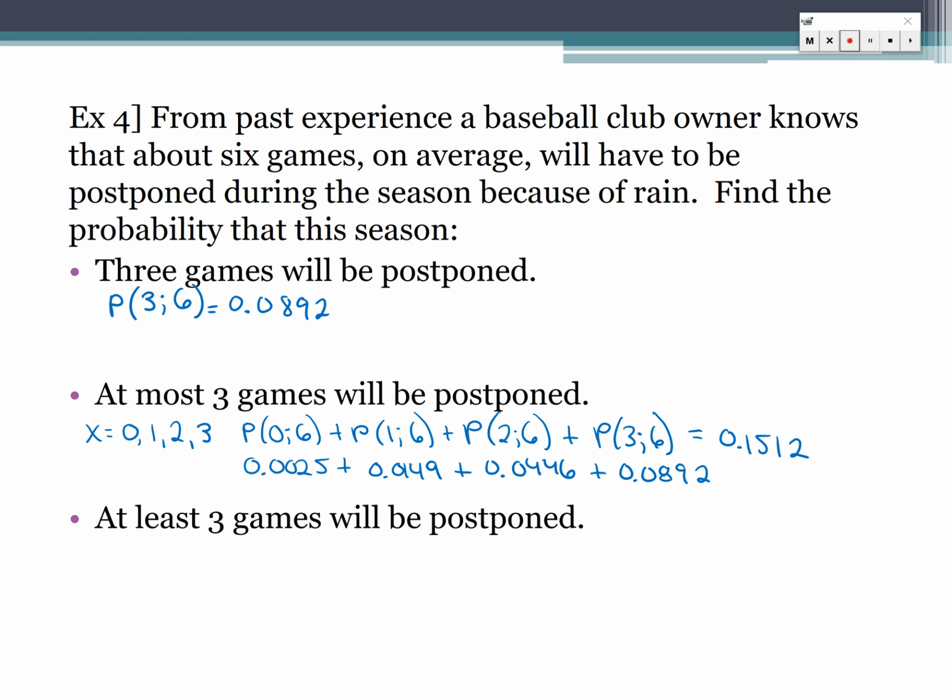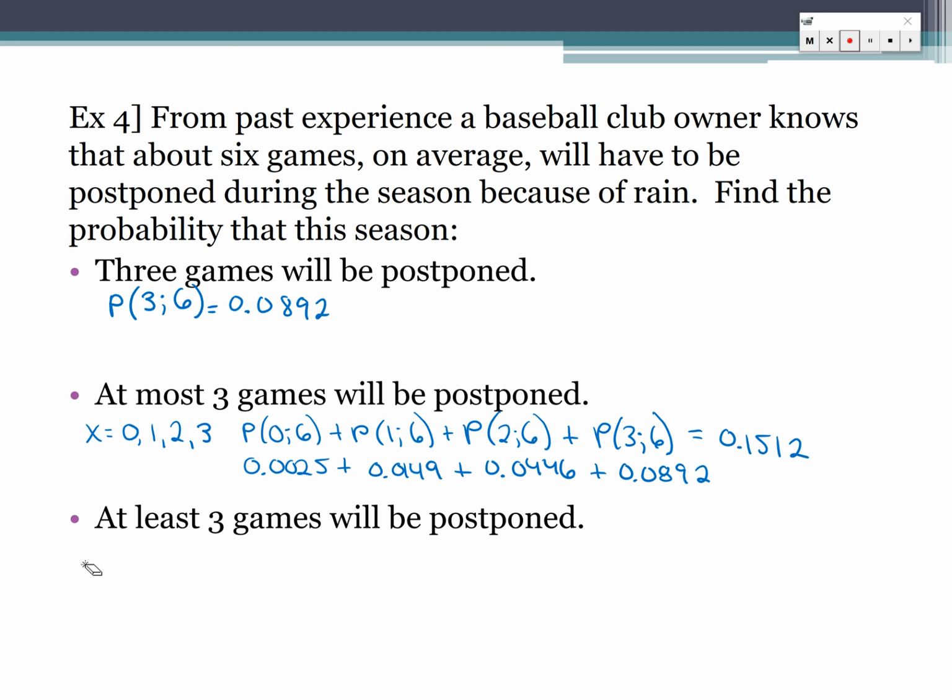Now for the at least 3 games, that means I want my x to be, well, they don't give us a total number of games, so I'm kind of stuck. It's just the probability that this season, how many games are going to be postponed. So for at least 3, I don't know where this stops.